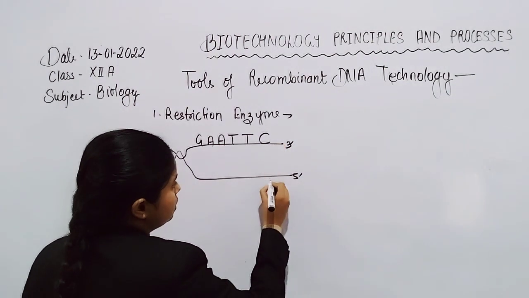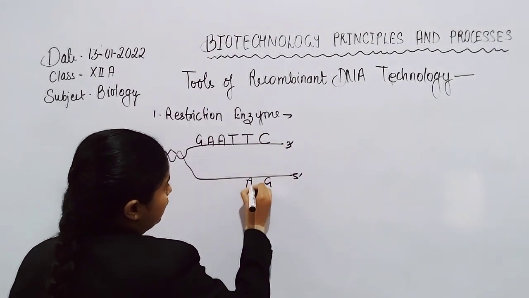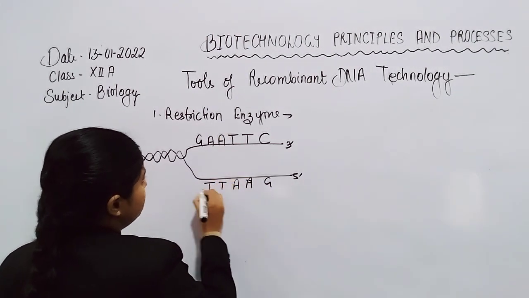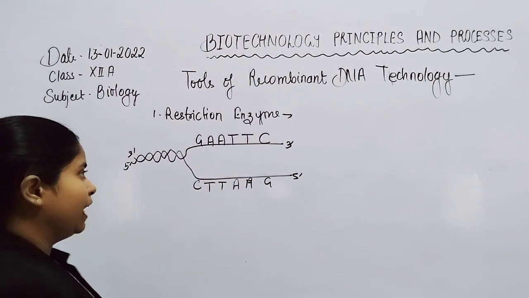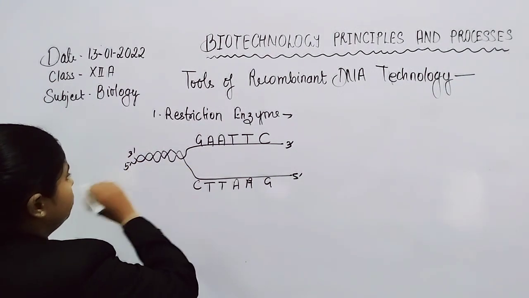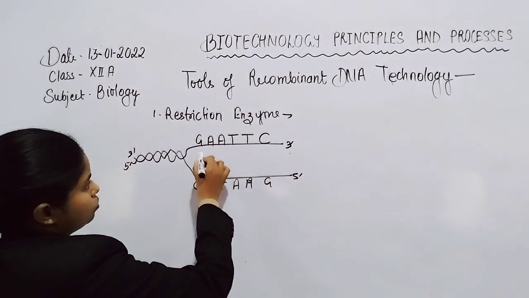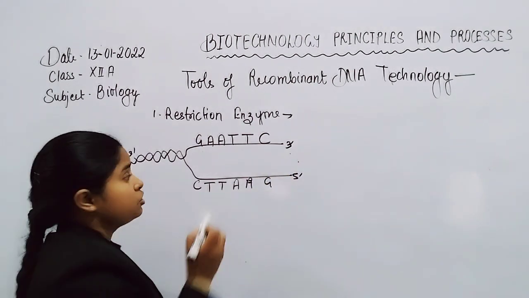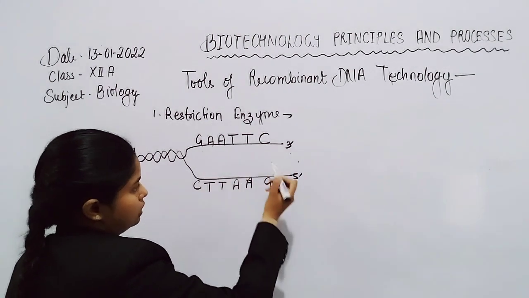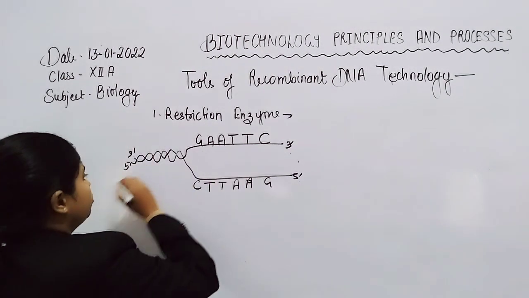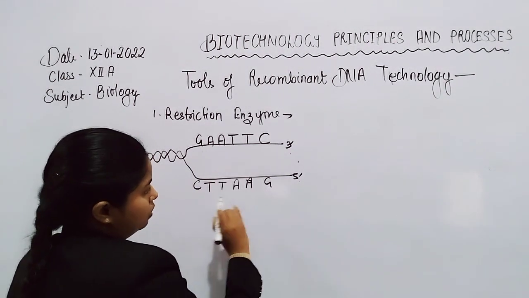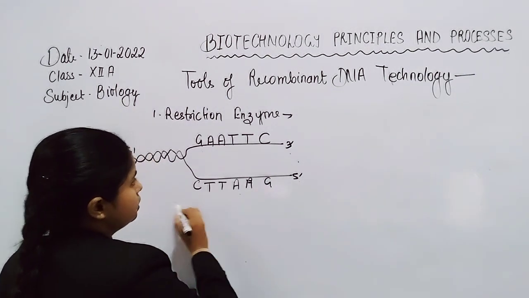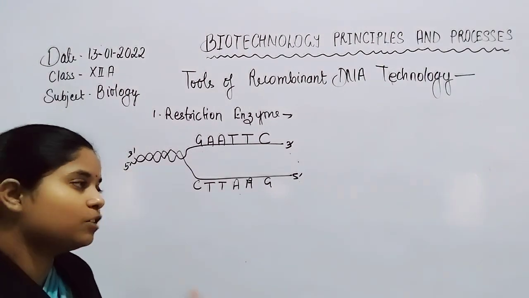So here is G, then A, because this is DNA, so A pairs with thymine, and C bonds with G. When we read this sequence from 5 prime to 3 prime, it is GAATTC, and when we read the other strand again from 5 prime to 3 prime, the sequence is again GAATTC. So that forms the palindromic sequence.